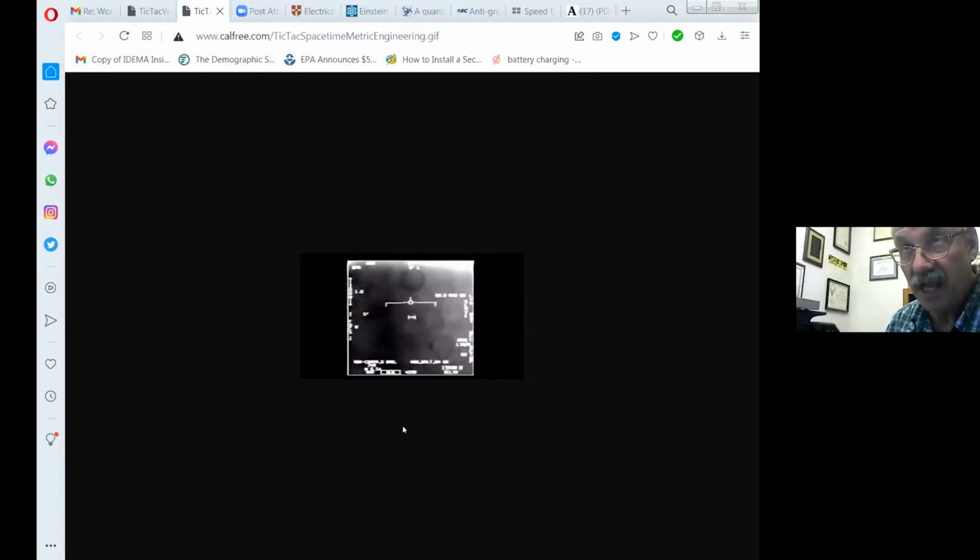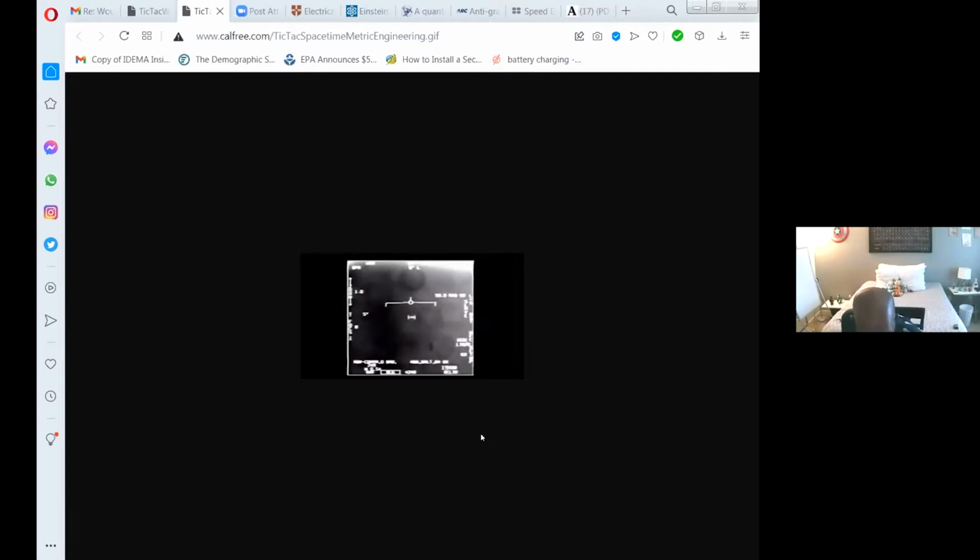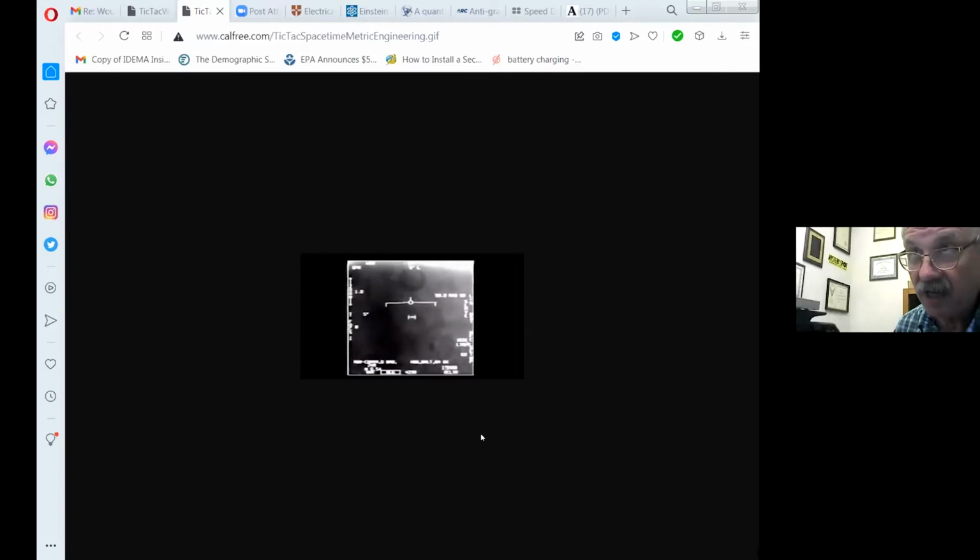So basically what we have here is the Tic Tac, and this is the infrared imager. I worked for 10 years for Hughes making images. What you see here is, above the Tic Tac, there's a dark region. It's like a balloon. See that there? Yes. If you look at it, it's rotating counterclockwise. You watch closely.